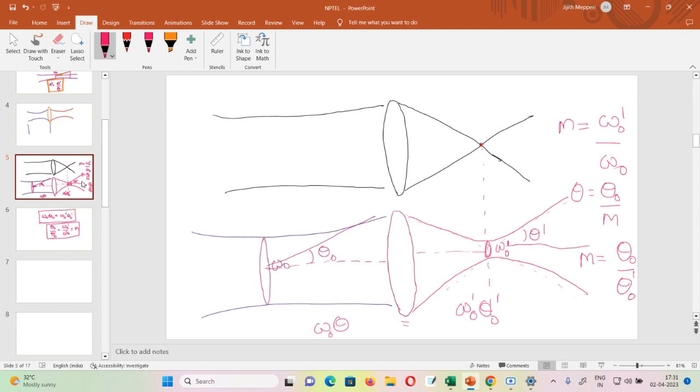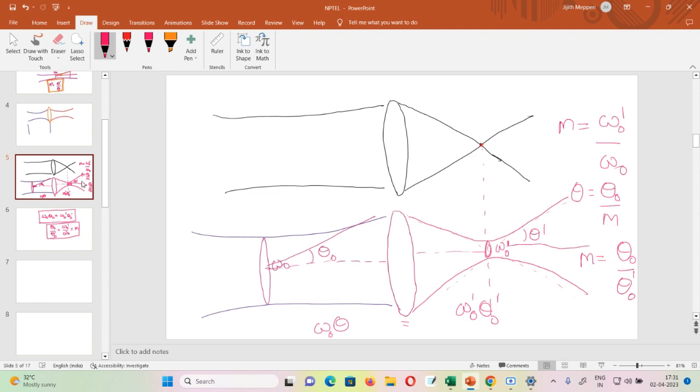Now you can see that in the case of ray optics, we are saying that the focus is a point. A point means it does not have any dimension. It is like every ray which is coming parallel is passing through a single point, and that point does not have any dimension.